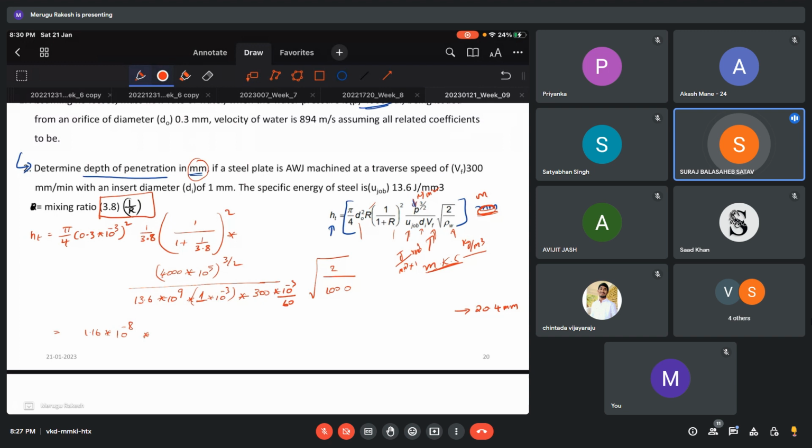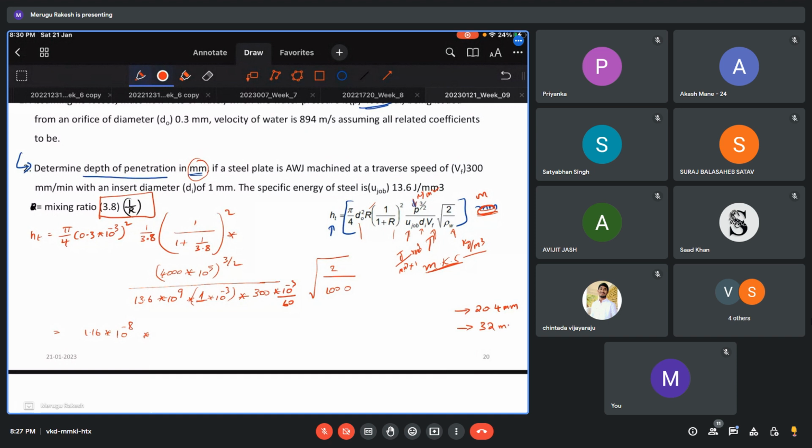Sir, I am getting 32.32. Okay. 32 mm. So the answer given in this is 77.6 mm. Just check whether you are getting this value or not.